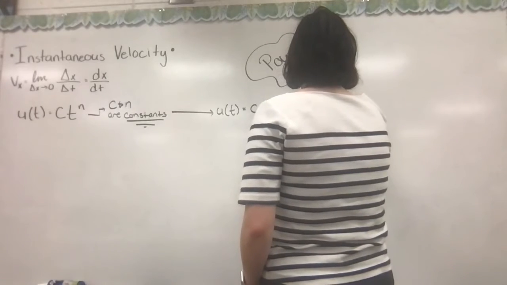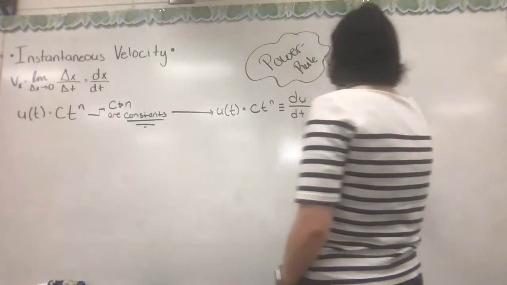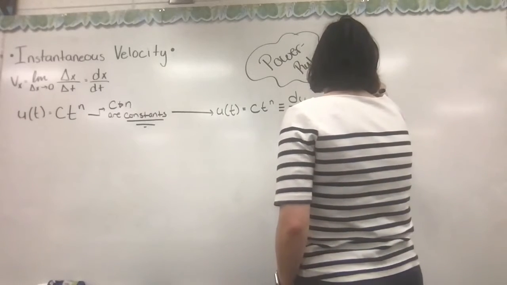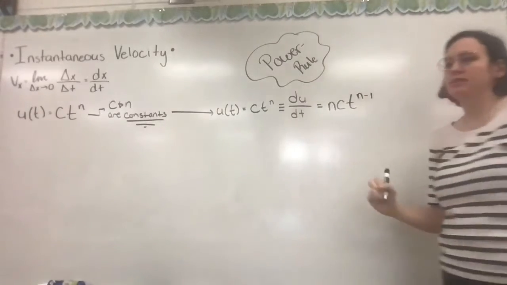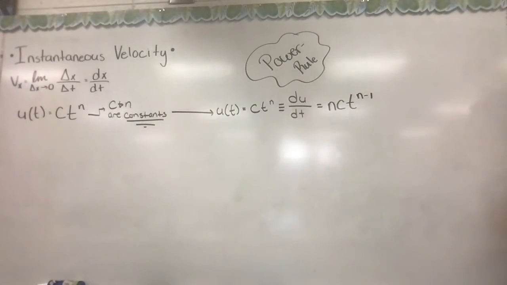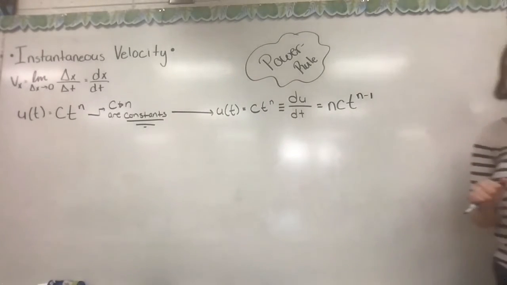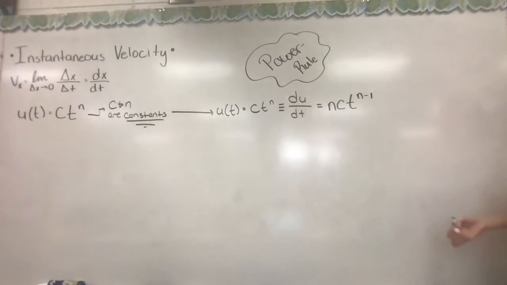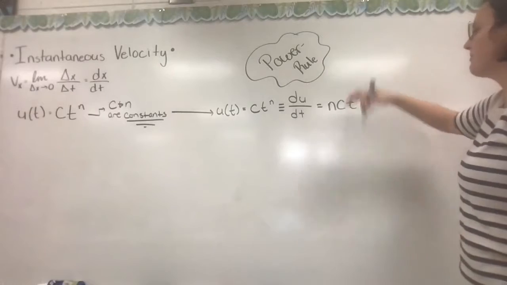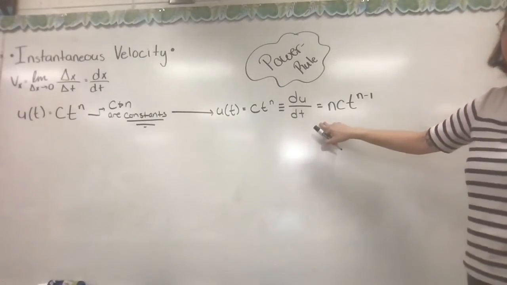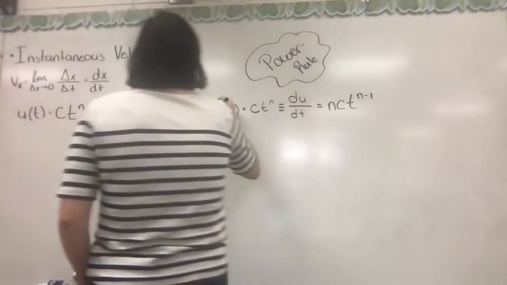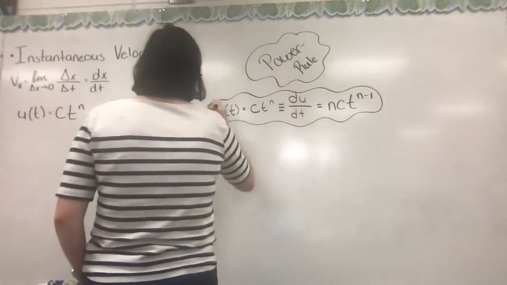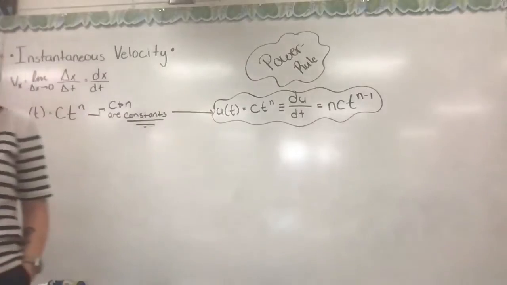So we have n times c t, and then what happens to the n up here is it would become n minus 1. It'll make more sense when we do it with actual numbers. But this is our formula that we follow. Do something to mark this because you're going to want to refer back to it a pretty good bit this year. This is our formula. You're going to be using this formula a lot. Okay?